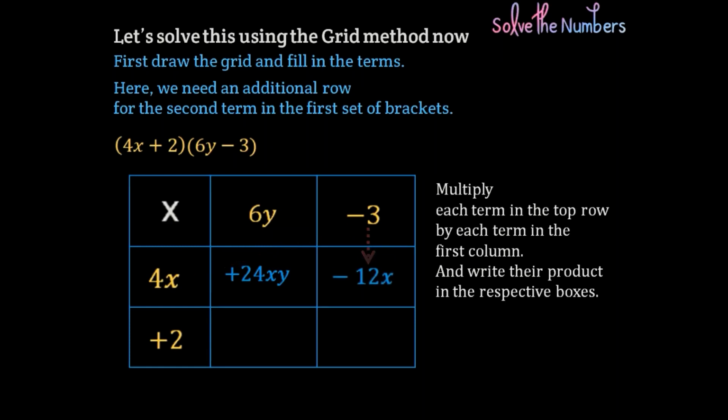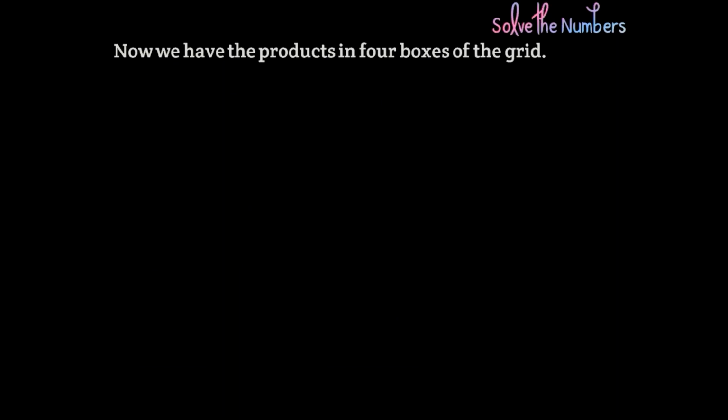Then we multiply positive 2 by 6y and we get the answer positive 12y. Then we multiply positive 2 by negative 3 and write the answer in the remaining blank box, which is negative 6. Now we have the products in 4 boxes of the grid.